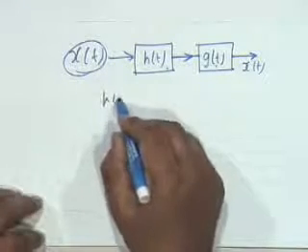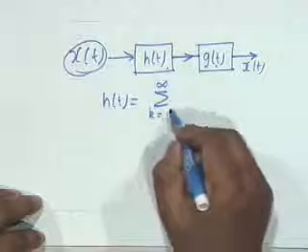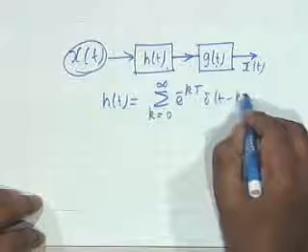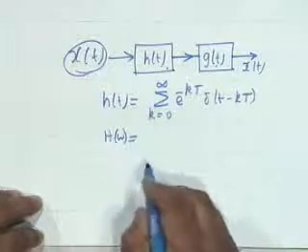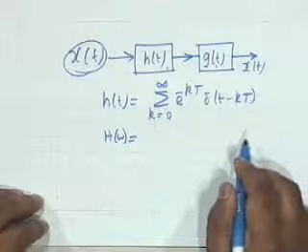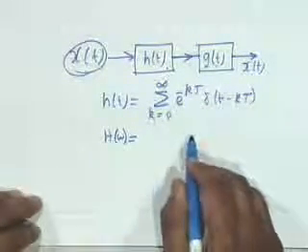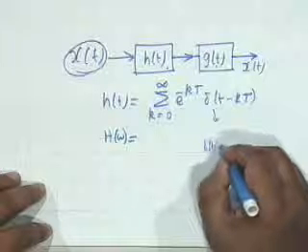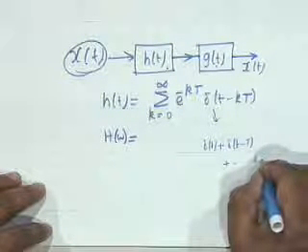Now, if you consider h(t), which is the summation over k equals 0 to infinity of e^(−kT) δ(t − kT), you notice that its H(ω) is simply, what would it be? Well, if you expand this, it is δ(t) plus δ(t − T) plus etc. to infinity.